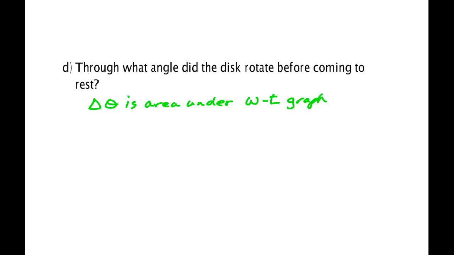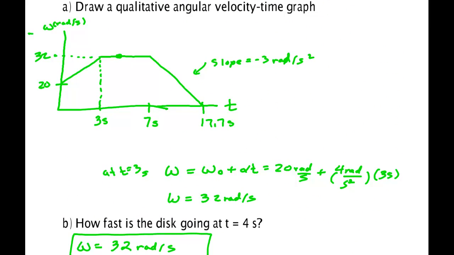So what they're asking me to do is to come back up here and break this up. I need to break that up. So there's A1, A2, A3, and A4. And get those areas.